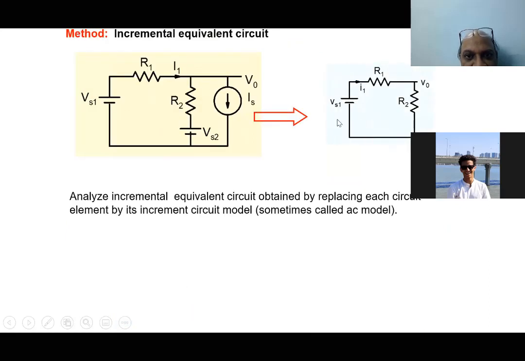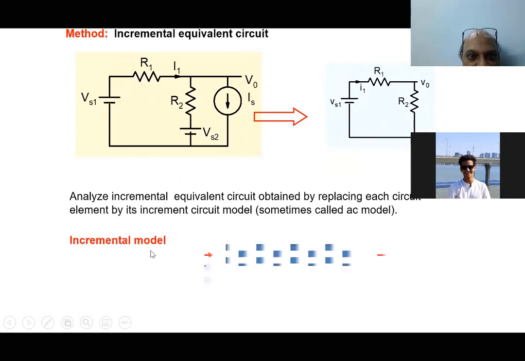So what we are saying is that in effect, the incremental equivalent circuit can be obtained by replacing each element by its incremental model. Incremental model meaning incremental model of each element. So you have an element like this, and you'll see that it makes sense that you will arrive at this kind of a thing here. So what do we mean by incremental model of an element?